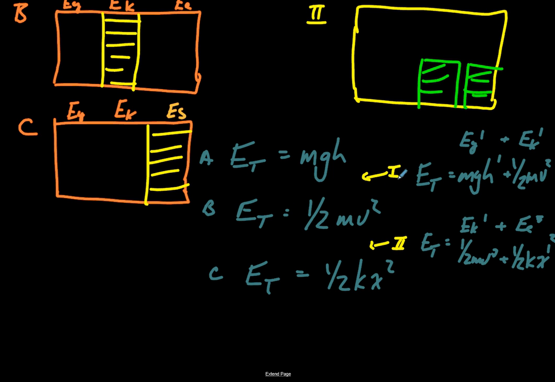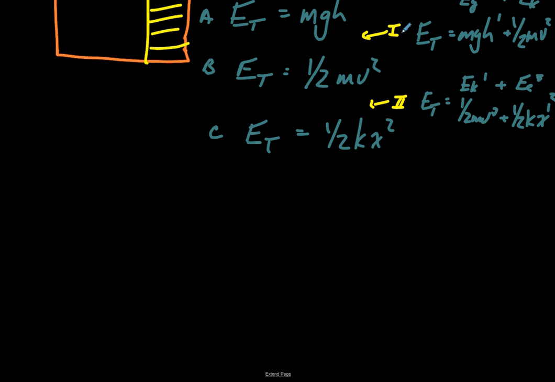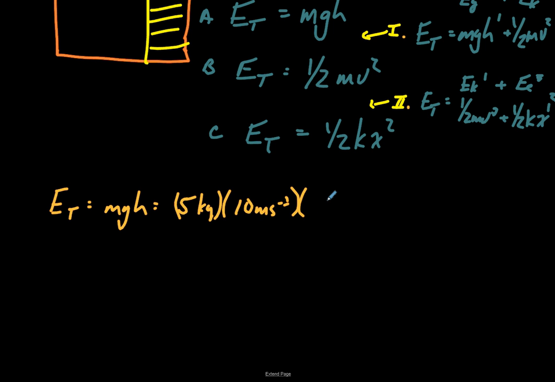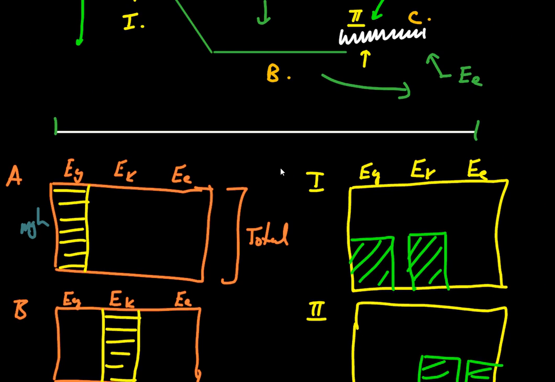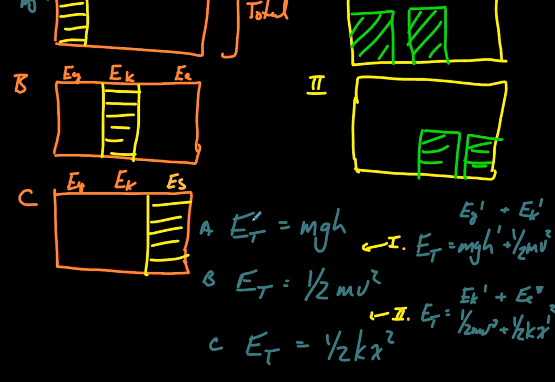We don't have enough information to solve Roman numeral 1 and Roman numeral 2, but we could say the total energy of the system is equal to mgh. In this case, we have a 5 kg ball. It's under 10 meter per second squared gravity, and it's at a height of, what did I say, 10 meters.